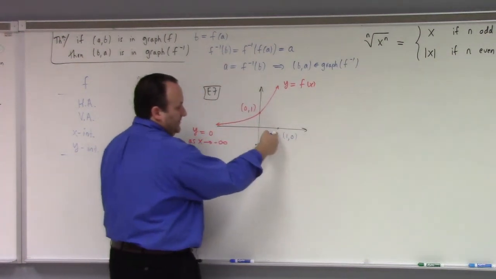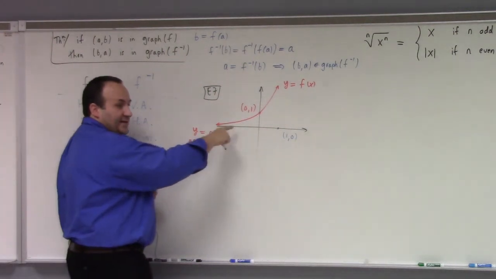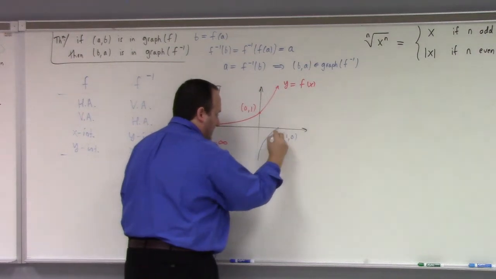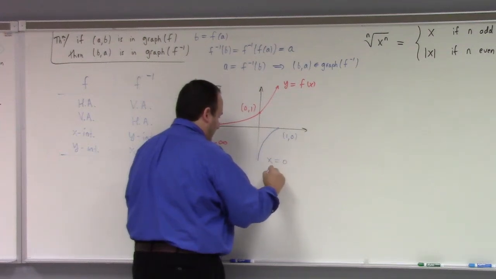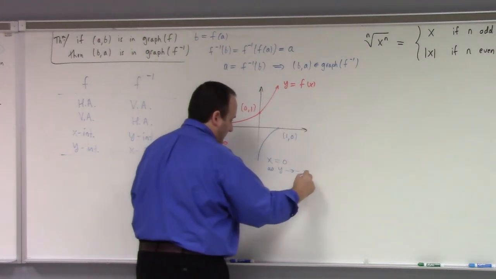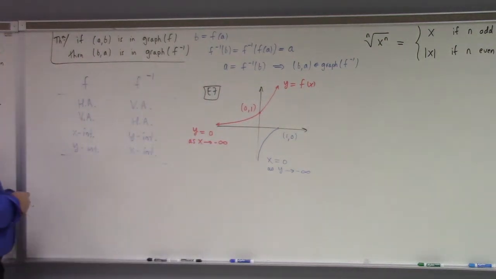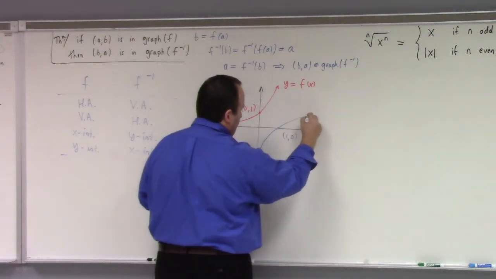This y-intercept becomes this x-intercept for the inverse function. This horizontal asymptote becomes a vertical asymptote. But you see the nature of it? It's just this: x equals 0 as y goes to minus infinity. That describes this vertical asymptote. It goes down, down, down. And then you have this guy over here like that.